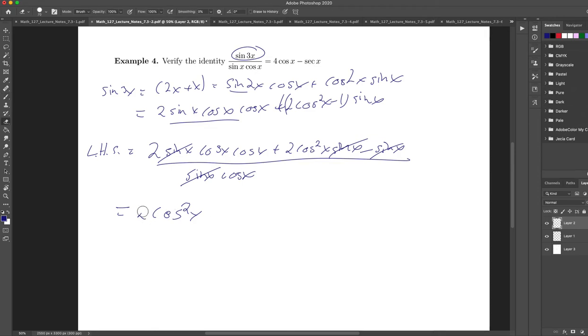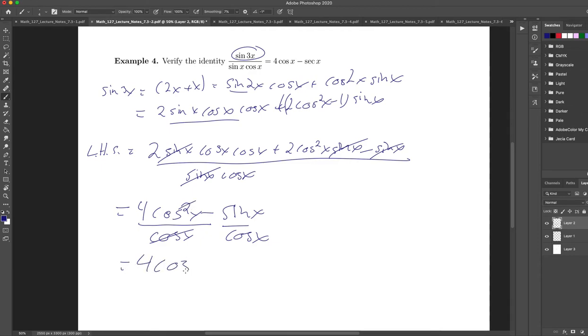So go ahead and get rid of this, make this 4 minus 1, divided by cosine x. Notice here I can cross off one of the cosines, so I'm left with 4 cosine x. Oops, I crossed that off, so this is just a 1 minus 1 over cosine x.